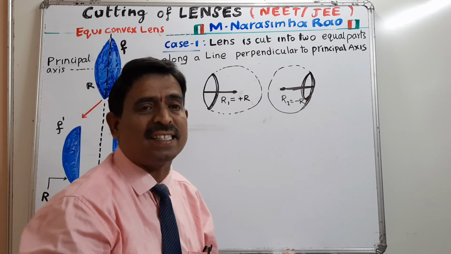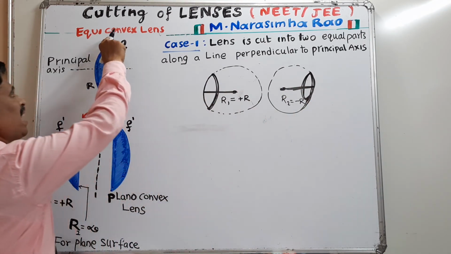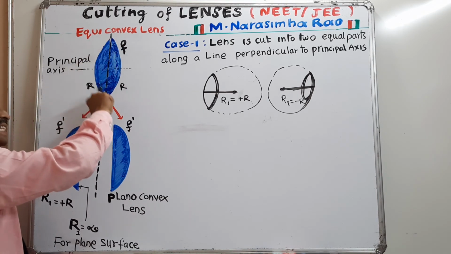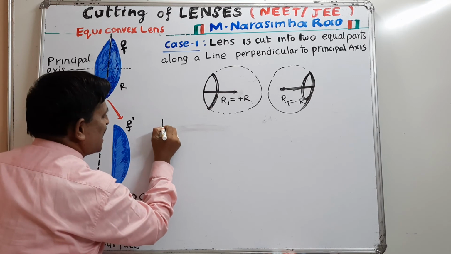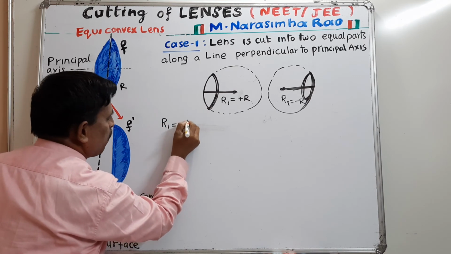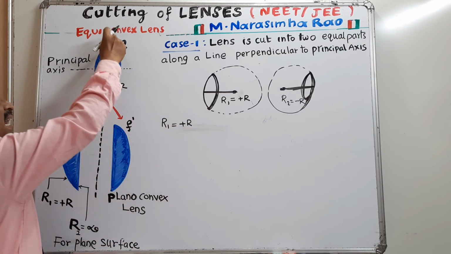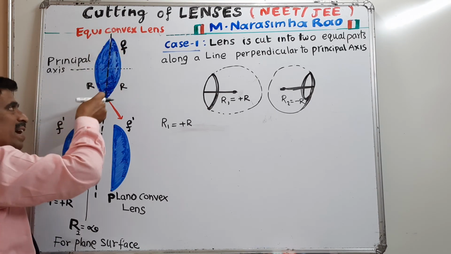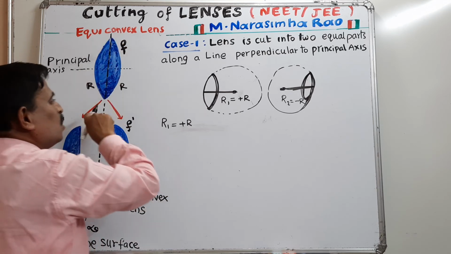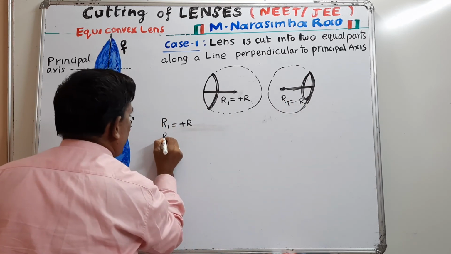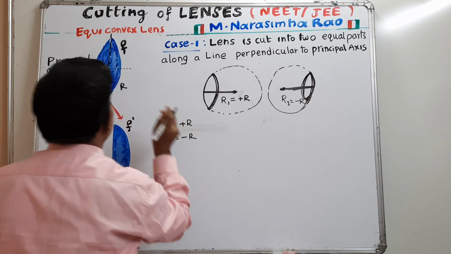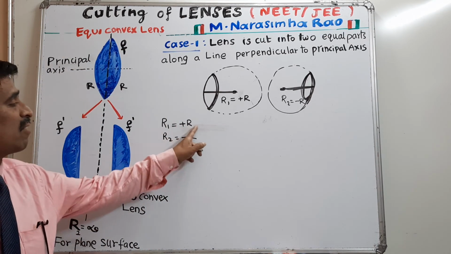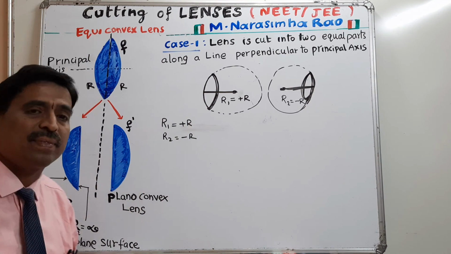Both are the same. R1 is equal to plus R, and R2 is equal to minus R. The reason is they told equiconvex lens, so their radii of curvature are equal.